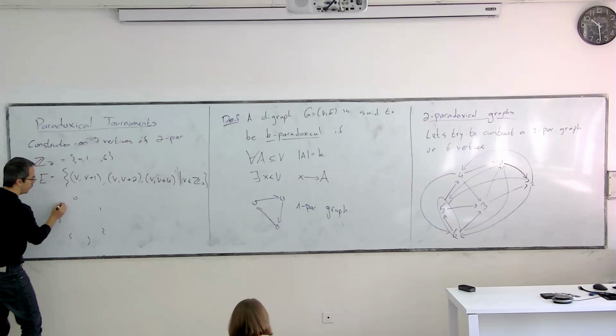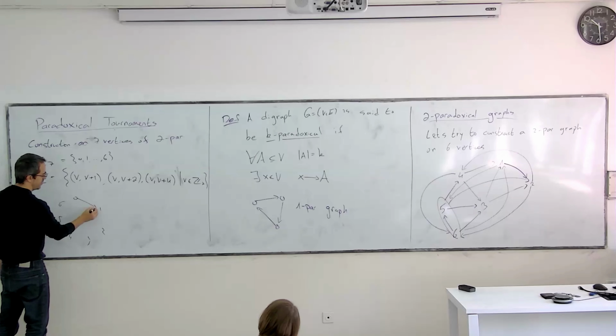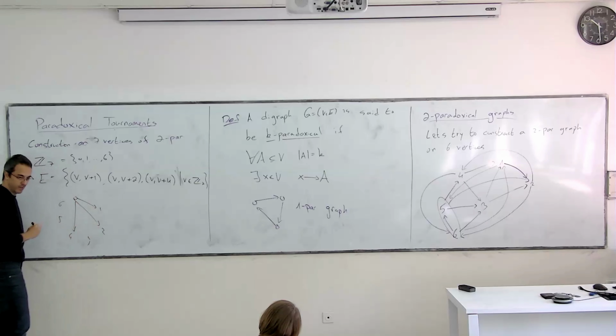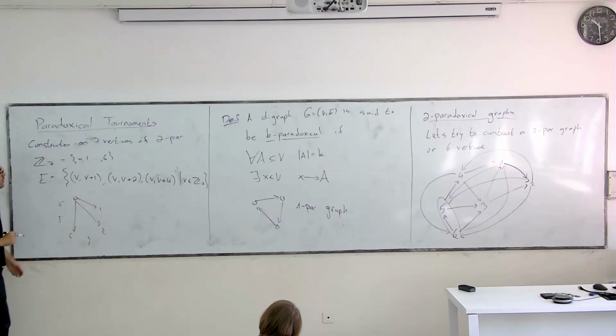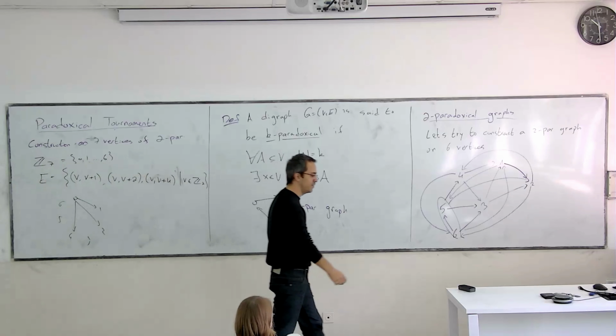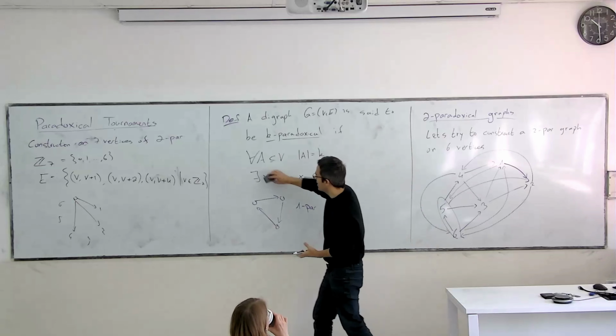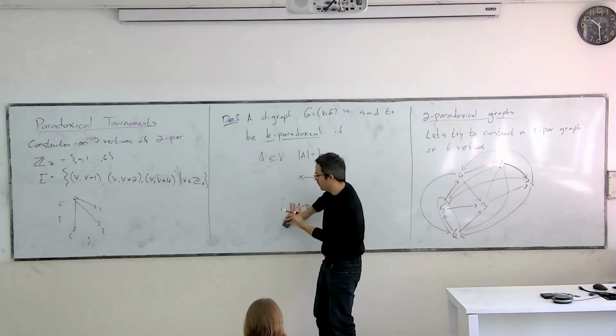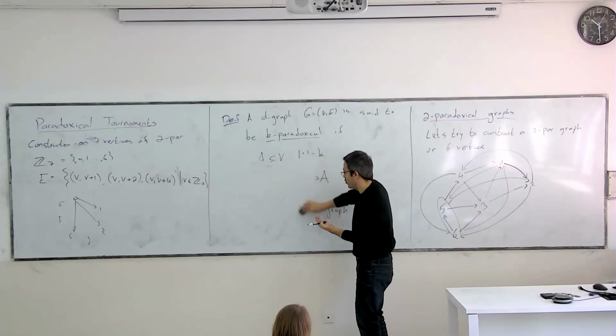It's enough to just draw from 0 because it's the same everywhere. So you have these edges, right? And then you cycle it. So the claim is that this is a 2 paradoxical graph. And the interesting thing is that we didn't just draw edges. We have some structure that we can argue on.